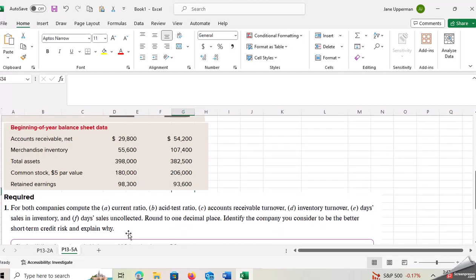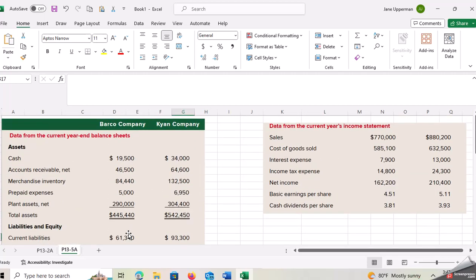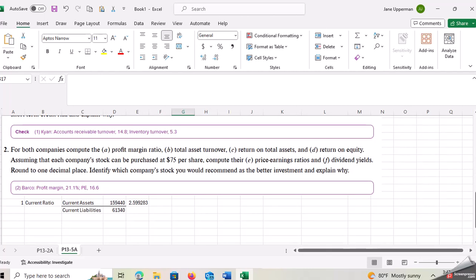Now we'll do the same thing for the other company, the Cayenne company. Take the total, 542,450, minus those plant assets, and that leaves me 238,050.